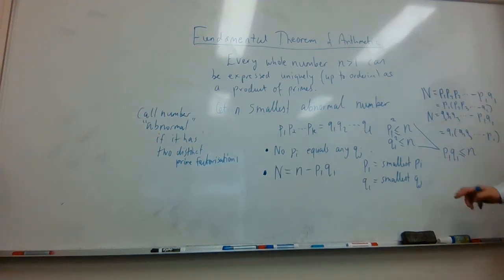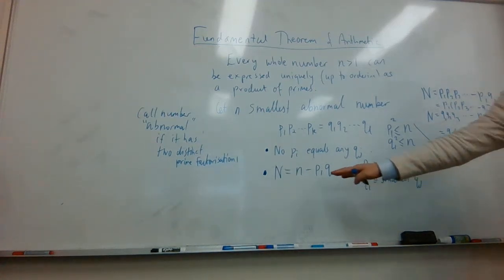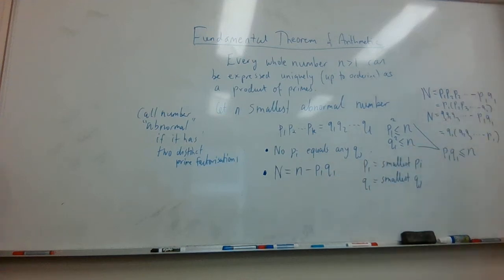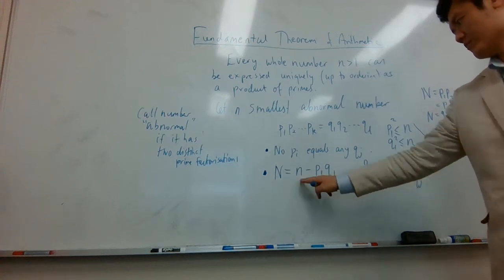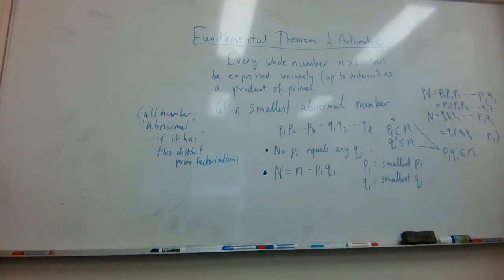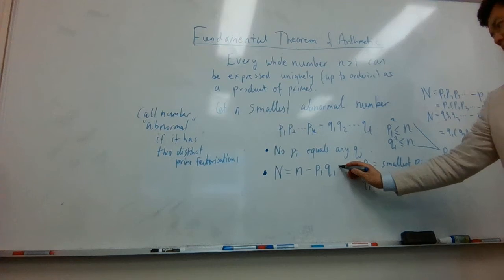So you take the smallest two primes, and you consider big N equals n minus P1 Q1. You subtract P1 Q1 from n. So this is actually a positive number.